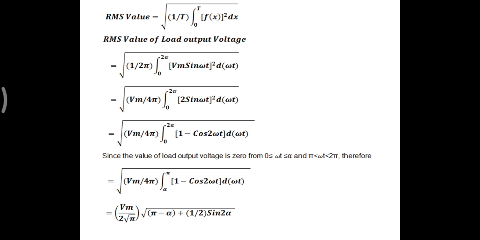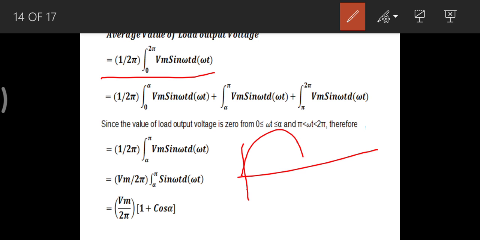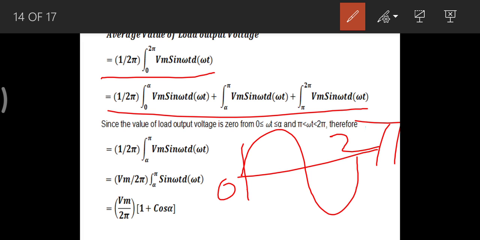So let us see. Here 1 by T indicates 2 pi. We are considering the sine wave, and that sine wave time period is 0 to 2 pi. So for the total time period we consider 1 by 2 pi integral 0 to 2 pi. Why are we dividing into three parts?